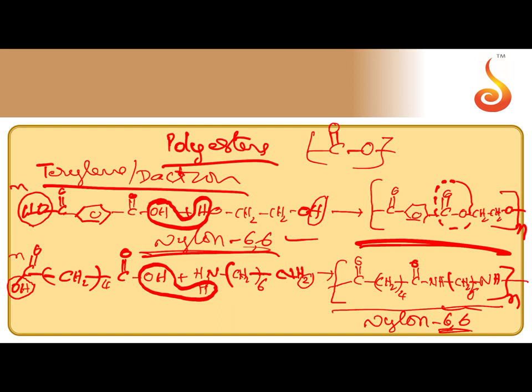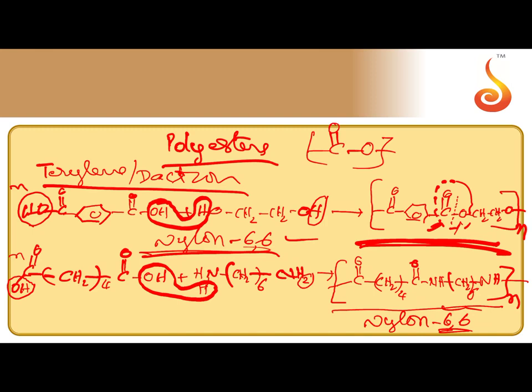So children, you remember how to write the repeating unit for condensation polymers, how to get the monomers also. From polyester, if polyester is given, how to get the monomers? You break the CO single bond of the ester, and OH is attached to CO and H is attached to O. You can get alcohol from one monomer, acid from another monomer.